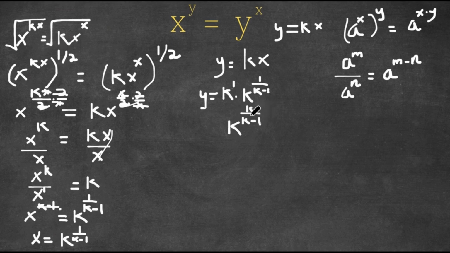I just saved a little time because it's really simple to do, just 1 plus 1 over k minus 1. So now we know that y equals k to the power of k over k minus 1.